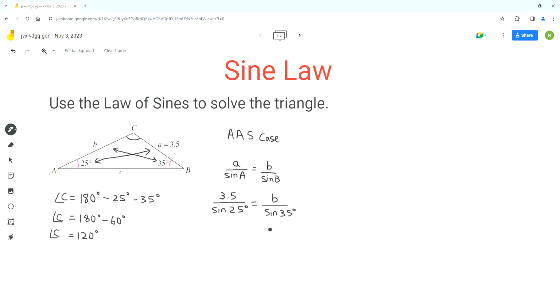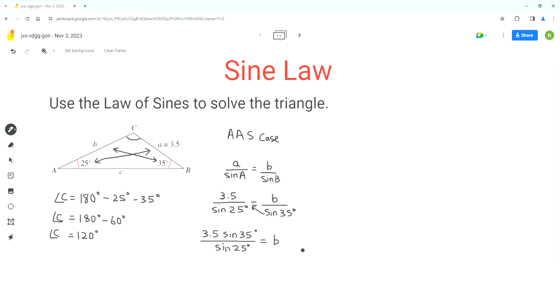And now we can solve for side B by cross multiplying sine of 35 degrees, and that way we'll isolate side B on the right side of this equation. So we get 3.5 times sine 35 degrees over sine of 25 degrees equals B.